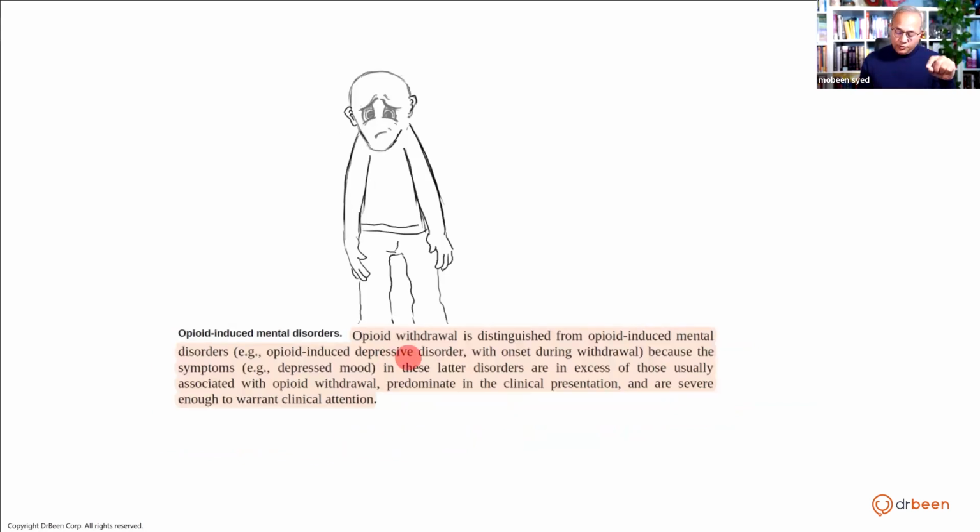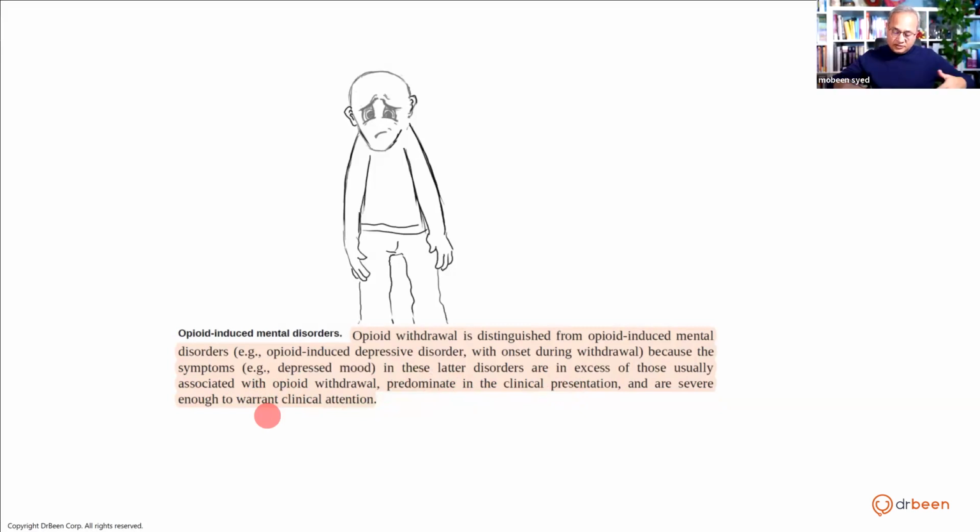Last part of today's talk: opioid-induced mental disorder. Opioid withdrawal is distinguished from opioid-induced mental disorder, for example opioid-induced depressive disorder with onset during withdrawal, because the symptoms, for example depressed mood, in these latter disorders are in excess of those usually associated with opioid withdrawal.